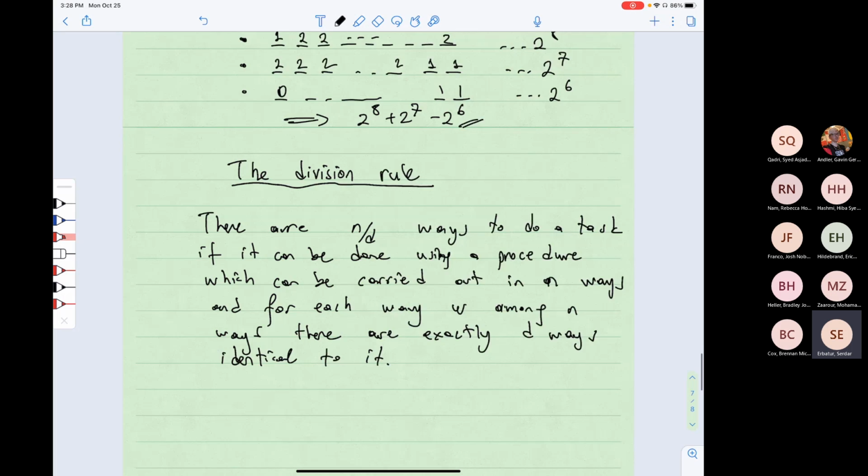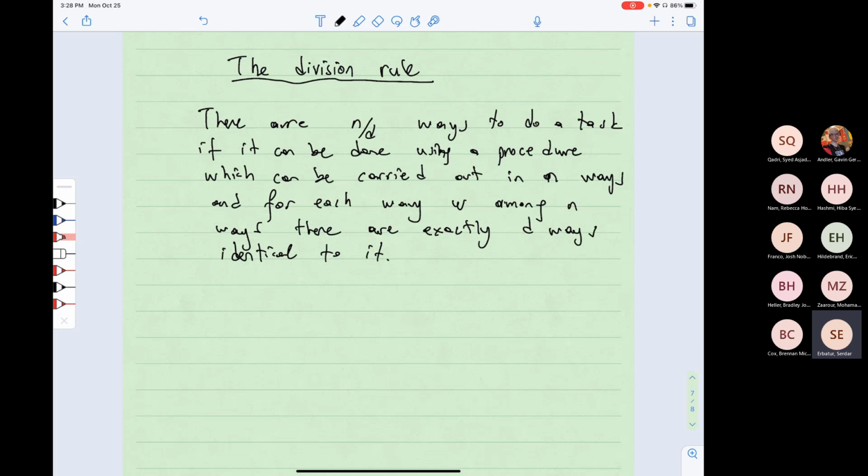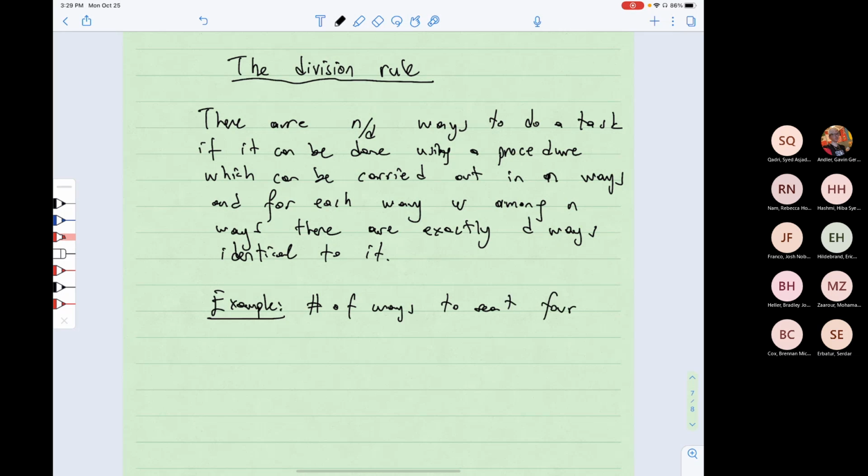So let me give an example which has a more mathematical nature. Example: the number of ways to seat 4 people at a round table.